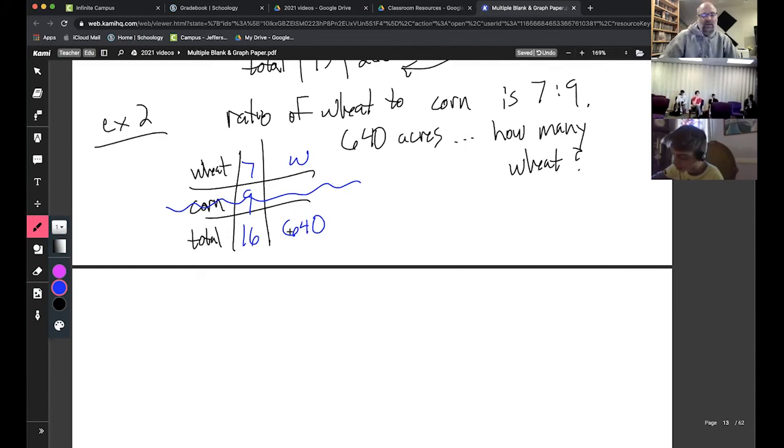But this just saves you the step. You can do the fish method here, 640 times 7 divided by 16, or you can realize this goes in 40 times, and 7 times 40 is 280 acres of wheat.